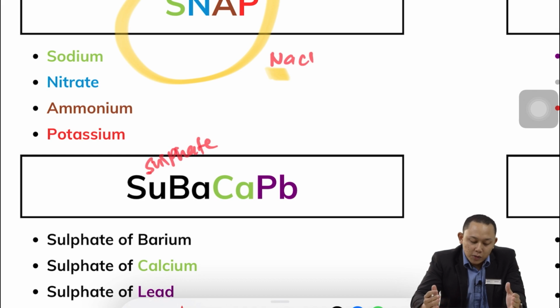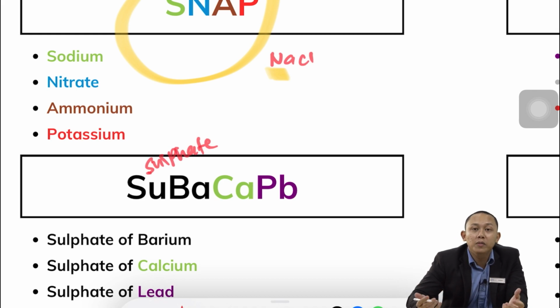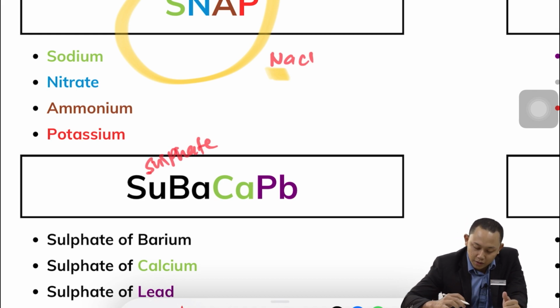So barium sulfate, calcium sulfate, and lead sulfate are insoluble salts. Let's say you have another salt that is also a sulfate salt but none of these three, meaning that salt is a soluble salt.